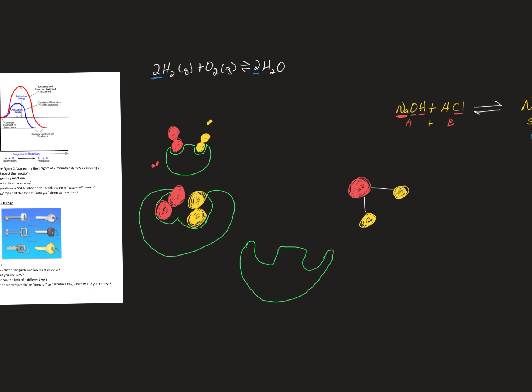So what we end up with is two waters when we started with one oxygen molecule and one hydrogen molecule. They come together in a way to make two hydrogen molecules and one oxygen molecule.